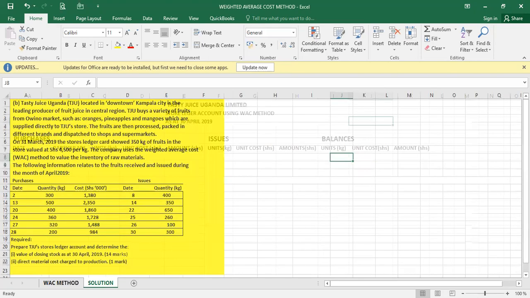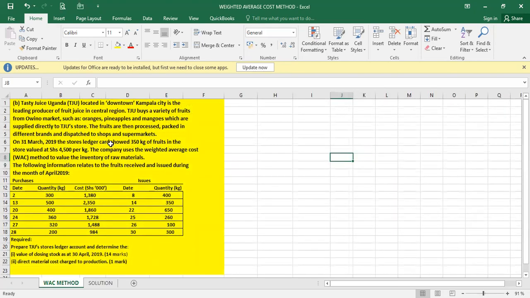We can start. We said we had a balance of 350 kgs that were valued at 4,500. Before I proceed, let me try to explain something small. When we are using the weighted average cost method, we are using the assumption that the goods we've got, we value them at their cost.